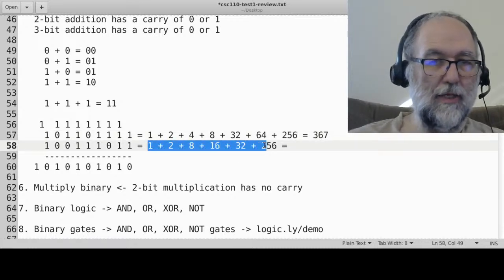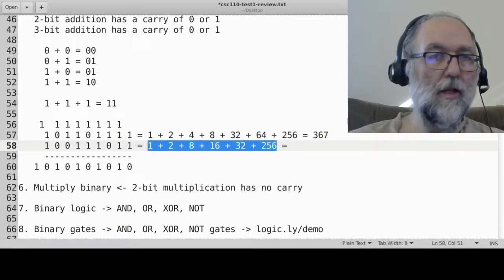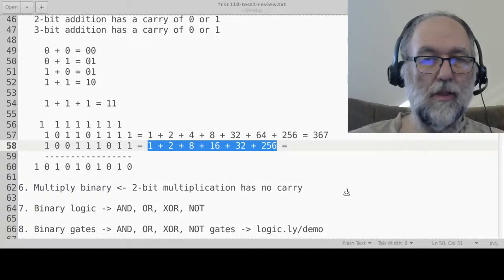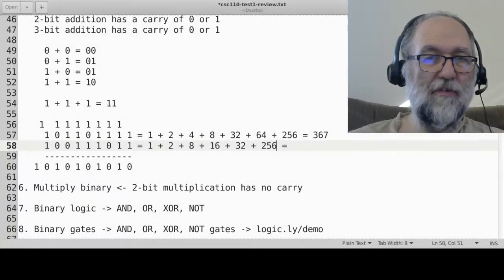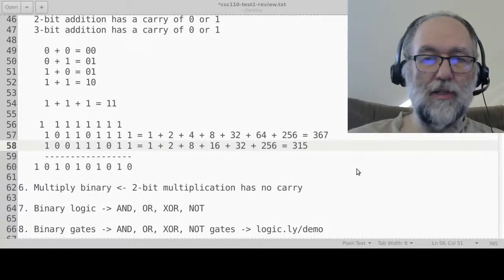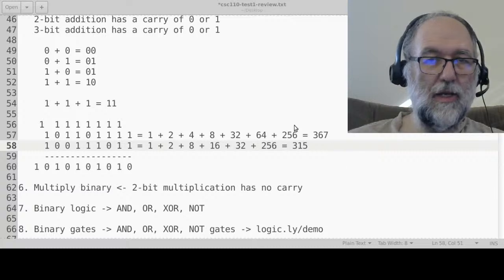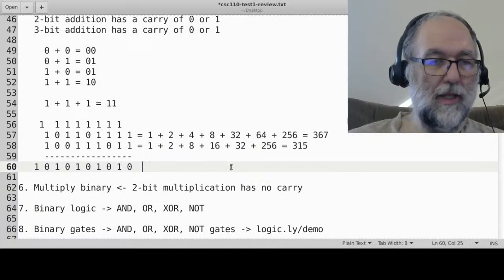The bottom one is 315, like this. And if I do 315 plus 367, that gives me 682. Okay, like this. This should equal 682.